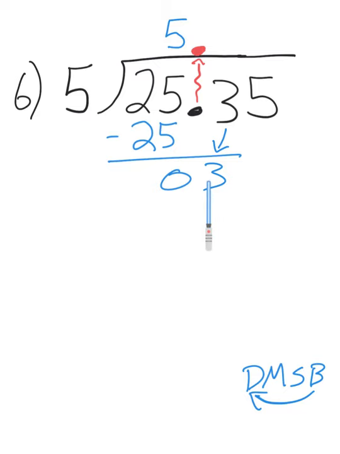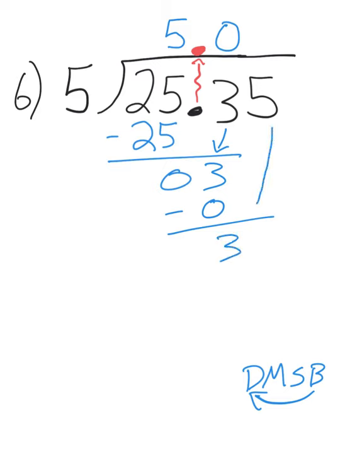Can we do 3 divided by 5? Nope. Another way of saying nope in math class is with a 0, right? 3 divided by 5 is 0. 0 times 5 is 0. 3 minus 0 is 3.